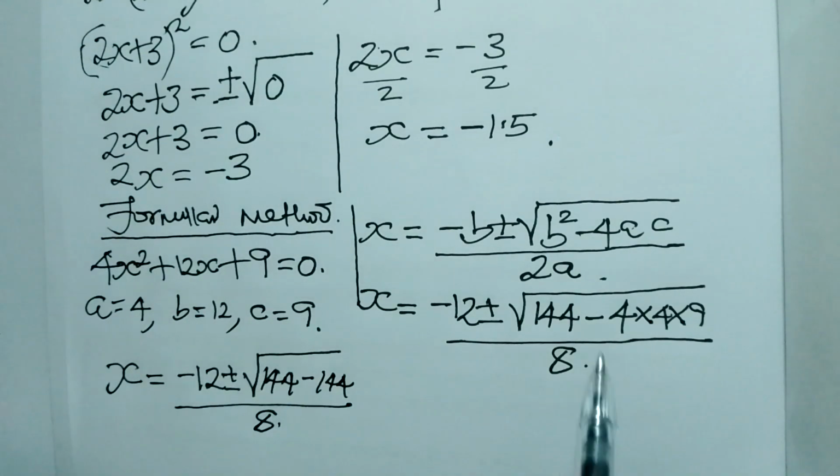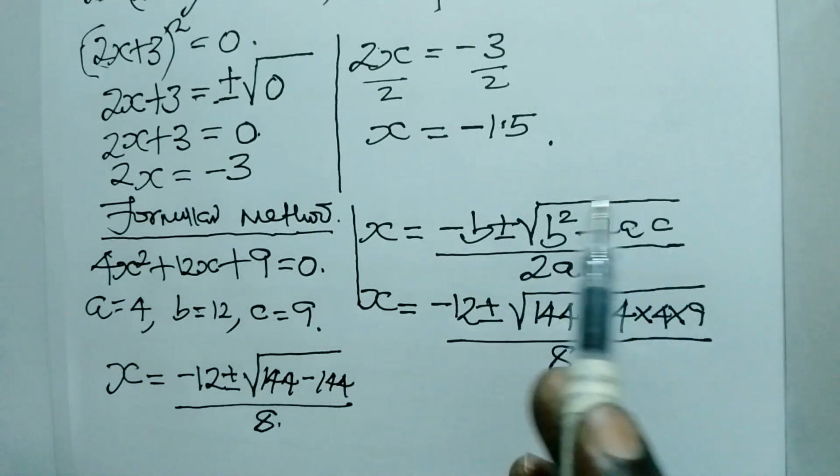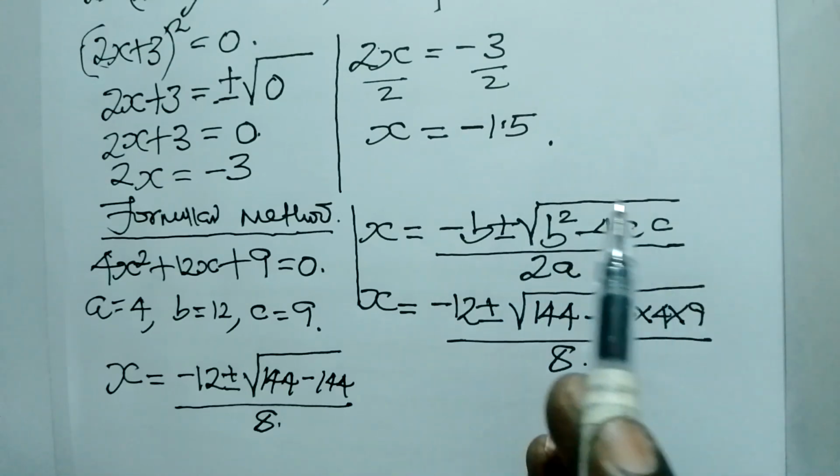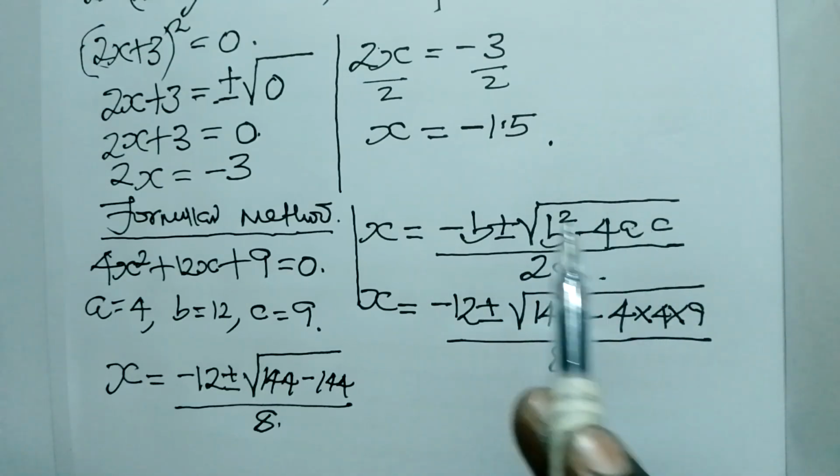So the value of the discriminant here can be seen to be equal to 0. b squared minus 4ac is equal to 0.